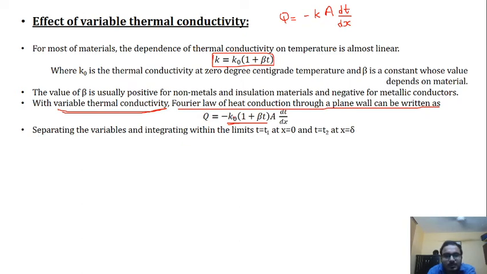And here, separating the variables and integrating within the limits of T equal to T1 at x equal to 0 and T equal to T2 for x equal to delta. Previously we were having such a wall in which the thickness was delta, the temperature here was T1 and the temperature here is T2.